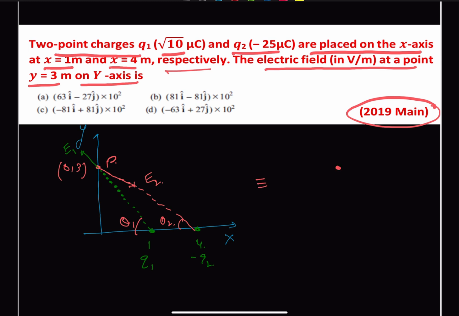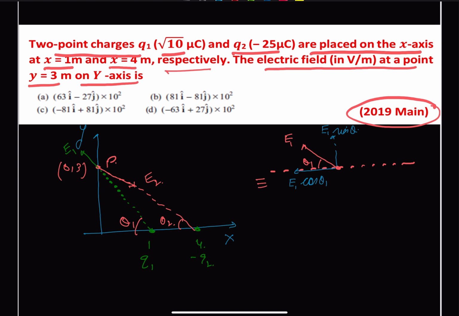So at point P we can divide the respective electric fields into their components. We are having E1 in this direction, and this is a horizontal line, so this angle will be our theta 1. Therefore, one of its components will be E1 cos theta 1 and the other will be E1 sine theta 1.